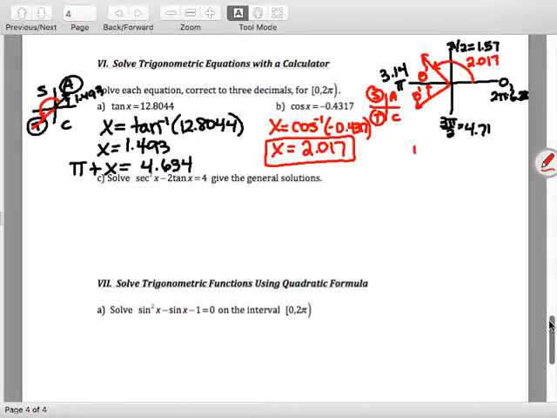Okay, so you're going to take pi minus 2.017, that's theta prime, right? So let's do that. Do pi minus 2.017. This one is really going to be one of the most difficult ones for us to do, that inverse cosine. So I got about 1.125.